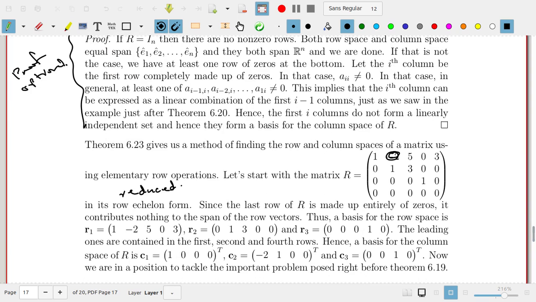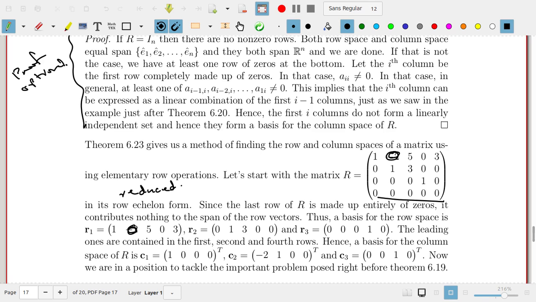Notice that the last row is made up entirely of zeros. So R1, the first row, is 10503. R2, the second row, is 01300. R3 is 0010. And of course R4 is 0000.